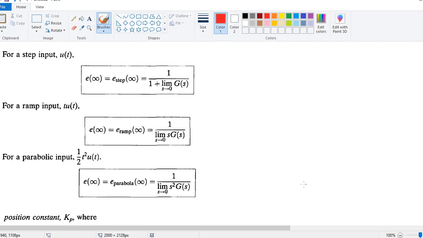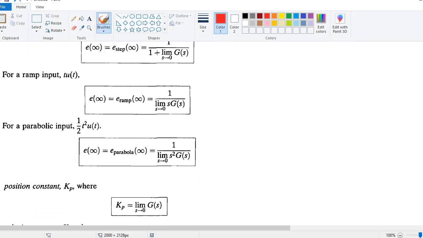Okay. Now we go on to the static error constants. The first of the static error constants is the position constant Kp. The formula for calculating Kp is equal to limit s tending to 0 of G(s).